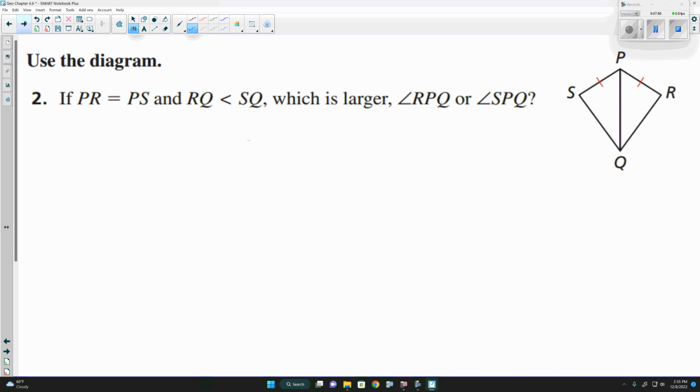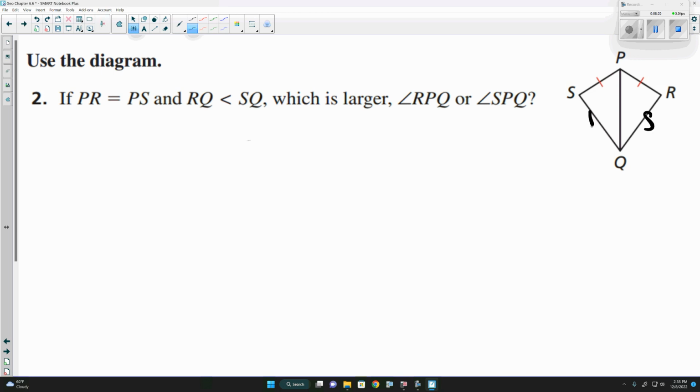If PR is equal to PS and RQ is greater than SQ, so bigger side length, smaller side length, which angle is larger, RPQ or SPQ? Well, this side's bigger, so angle RQ, nope, you're right. RQ is less than SQ.